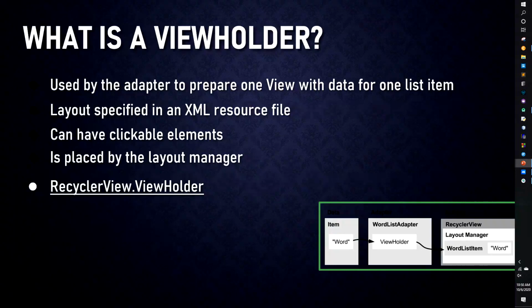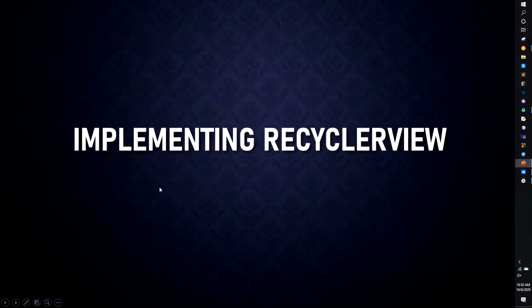Once we are done, we specify the XML resource file inside our view holder class. And if you want, you can implement a handler, like click handlers for these specific items. It can also be replaced by the layout manager. So we also extend the RecyclerView view holder.